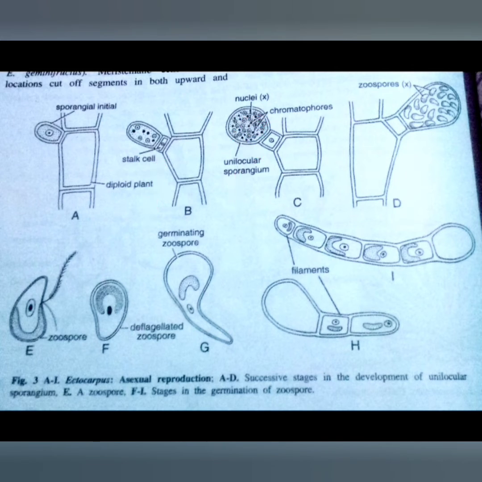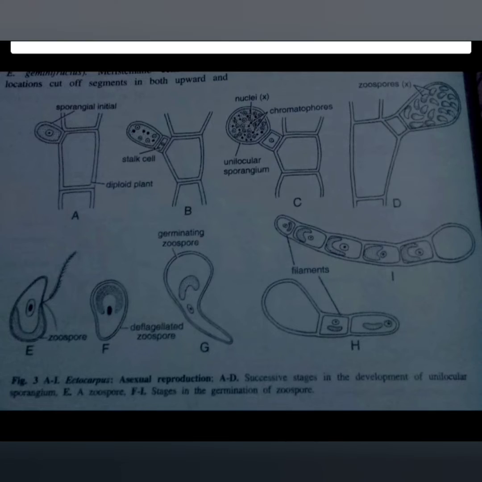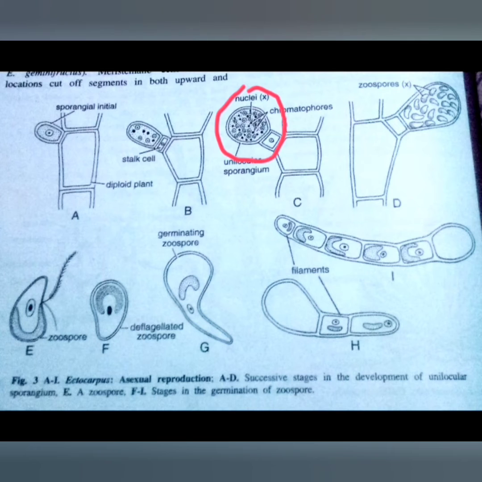So just remember, there is no wall formation accompanying nuclear division, and as such the sporangium remains unilocular, meaning single chambered, because there is no wall formation between these nuclei.